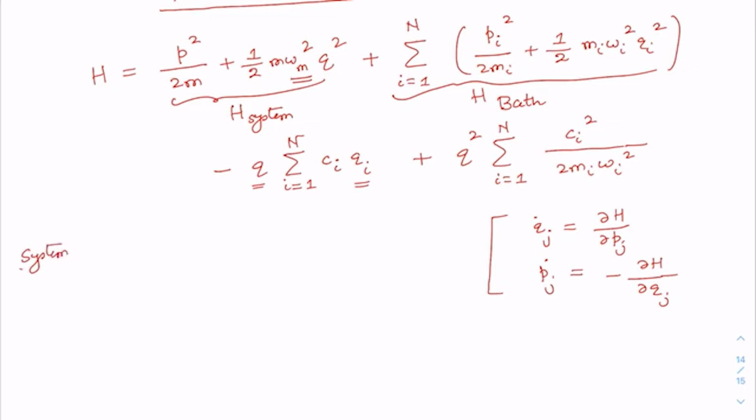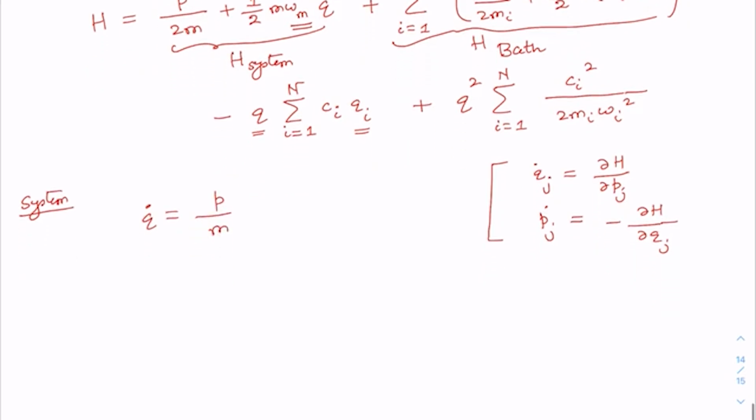Let me first write it for the system variable. That would be q dot is equal to p by m, and p dot is equal to, you can easily verify it, minus m omega_m square q plus summation i is equal to 1 to n ci qi, and we'll have minus q summation i is equal to 1 to n.